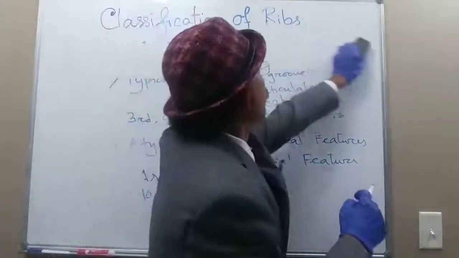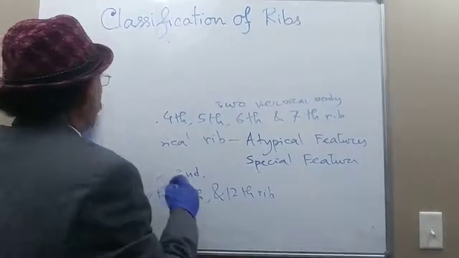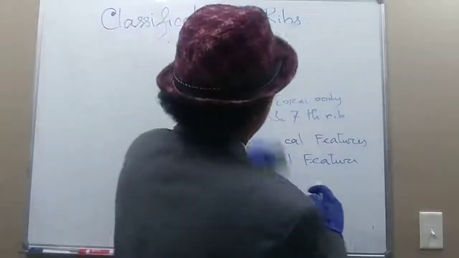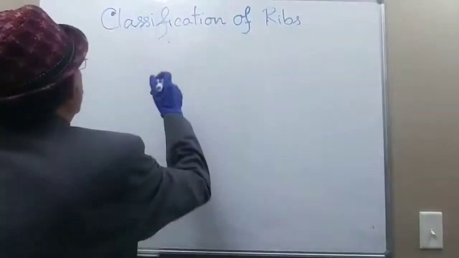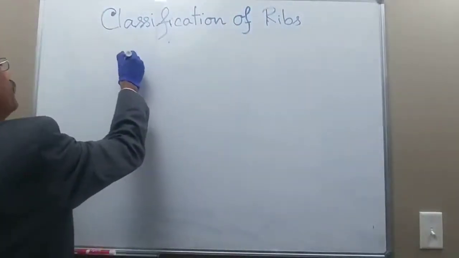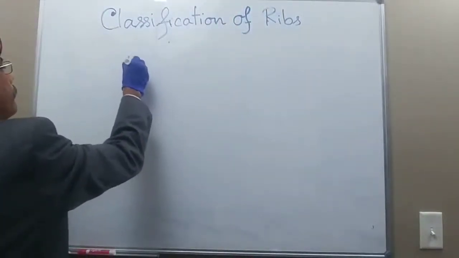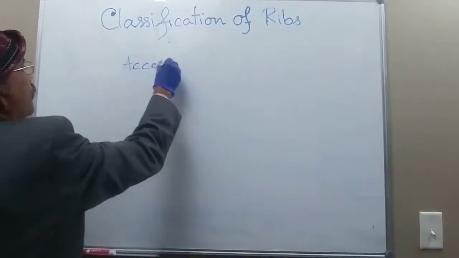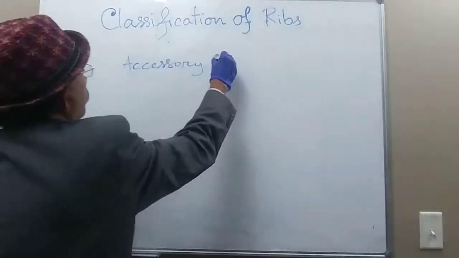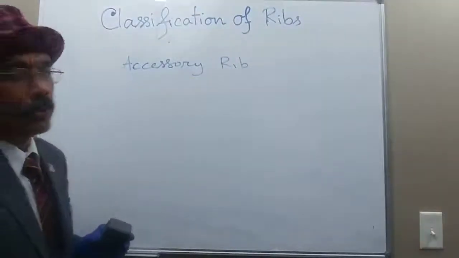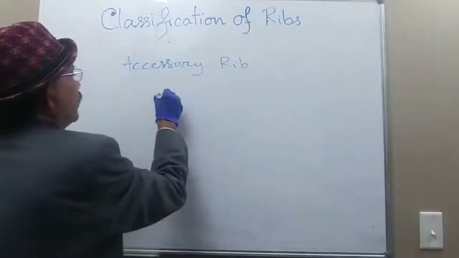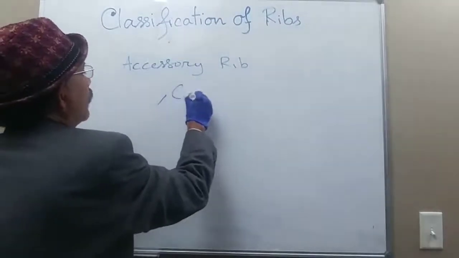Now we'll add a few more things. Those are very important to us, especially for clinical anatomy. One is we have some accessory ribs. Someone may have another pair of ribs. We call it cervical rib.